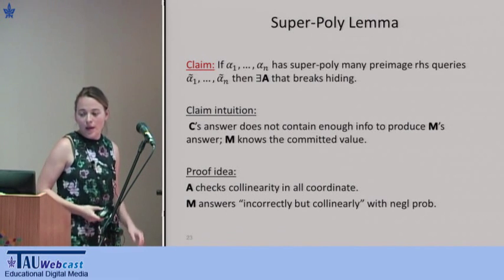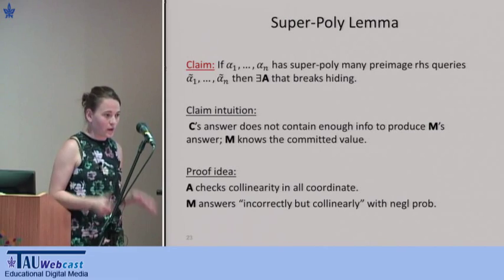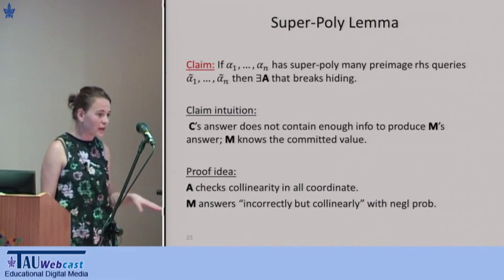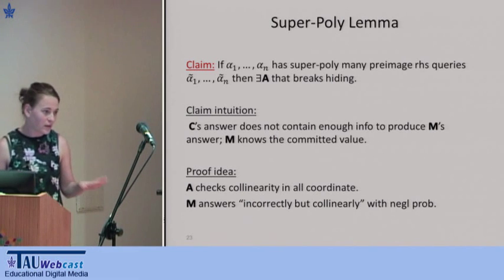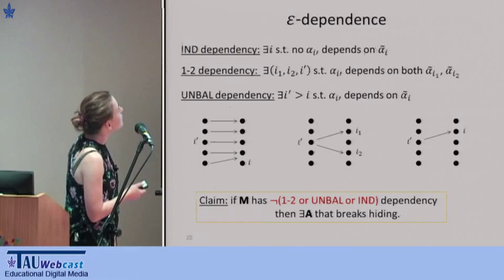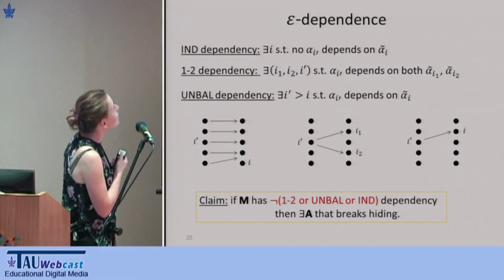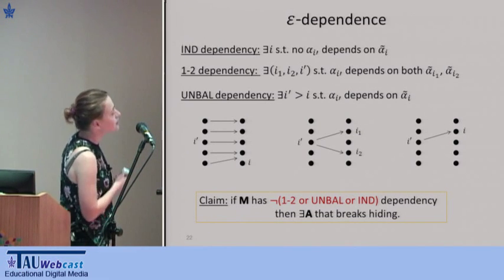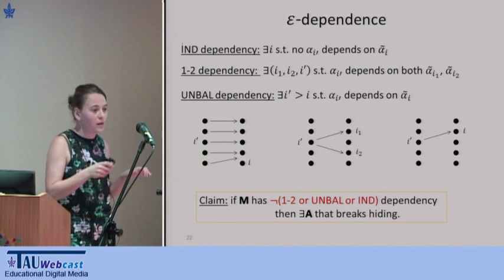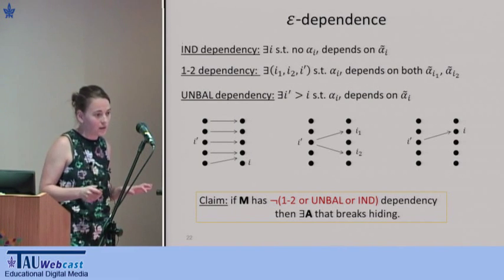Okay? So if you have this property in your transcript, then I can construct an adversary that can break hiding. And what we do is, in all previous cases except for this case, we show a reduction to show that the transcript actually has this one to super poly dependence.